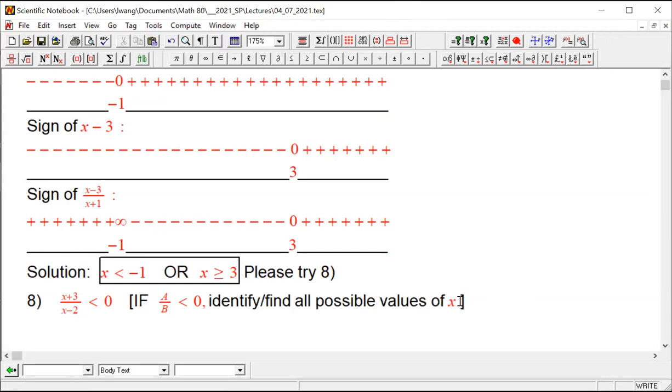So once again, principle number 6. Okay, let me know when you finish.